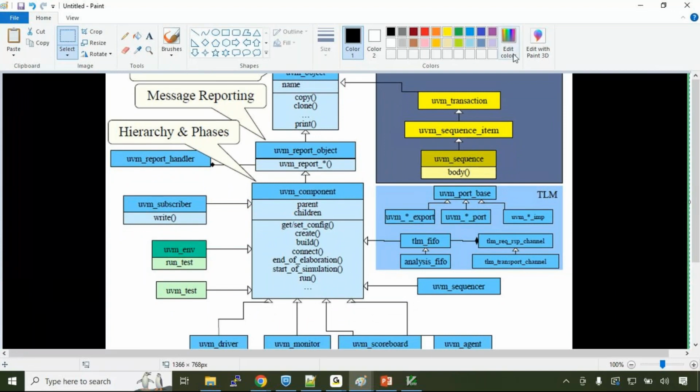So the first thing is the components which are used for test bench development.